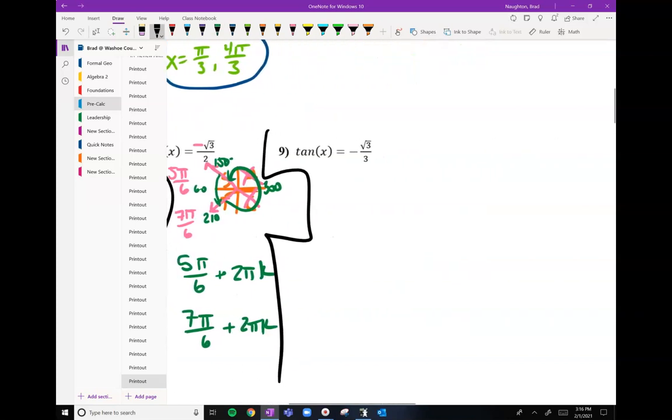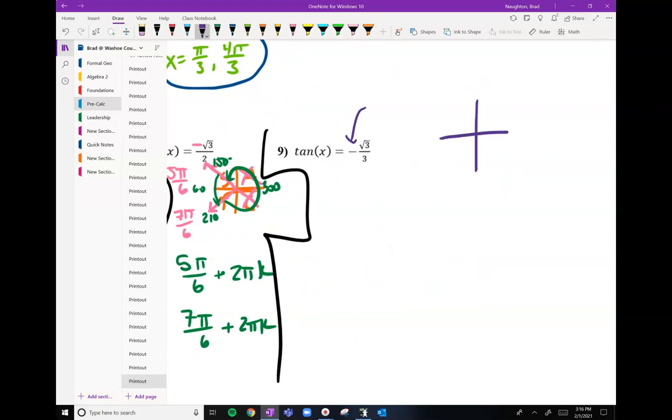Alrighty. Let's move on here to number 9. Number 9, we got a negative again. All students take calculus. So it's not going to be here, and it's not going to be here because that's where tangent is positive. So root 3 over 3 is going to be here at 5 pi over 6. And then down here in this quadrant is going to be 11 pi over 6.